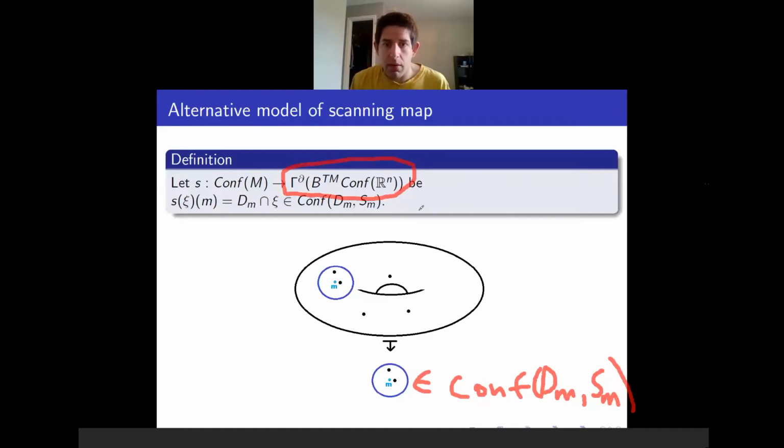Instead of saying, okay, I'm going to pick this bundle whose fibers are spheres, I'm picking a bundle whose fibers are these relative configuration spaces, but up to homotopy, they're spheres. So this is a more complicated space, but then the scanning map is literally just record what you see, and it doesn't matter how much you zoom in. You don't need to zoom in at all if you don't want to.